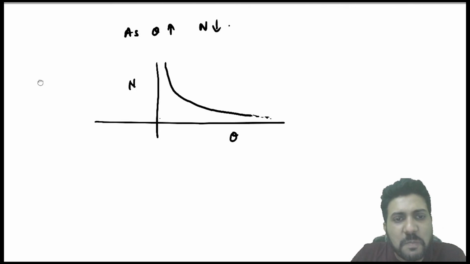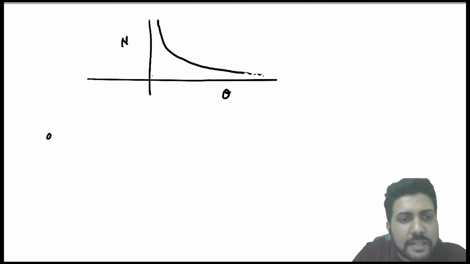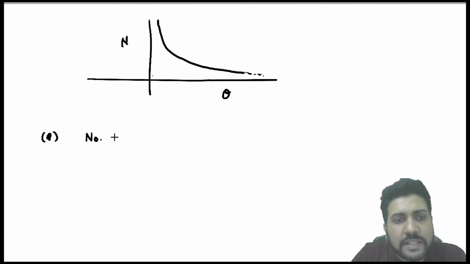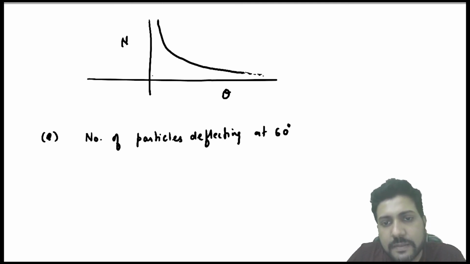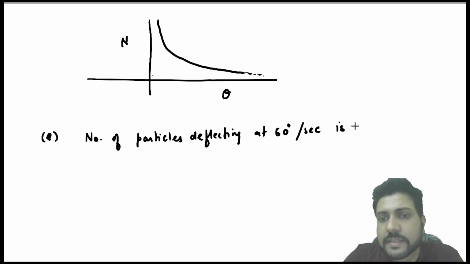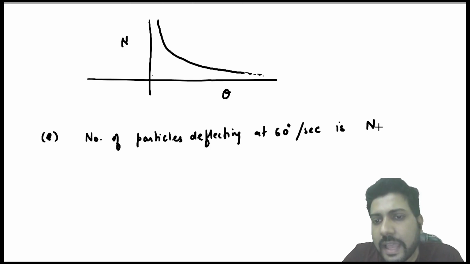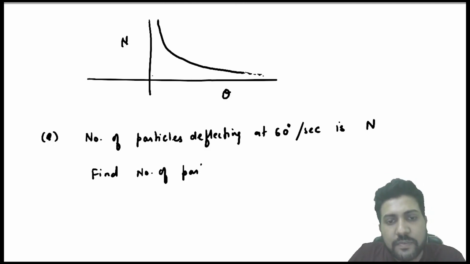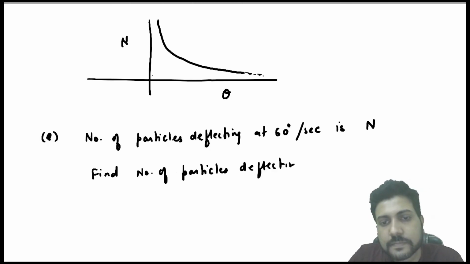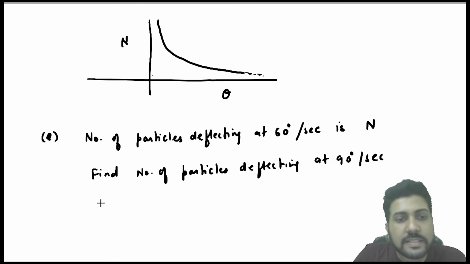We can do a very small question here which is very common. The number of particles deflecting at 60 degrees per second is, suppose, N. Then find the number of particles deflecting at 90 degrees per second in the same experiment.